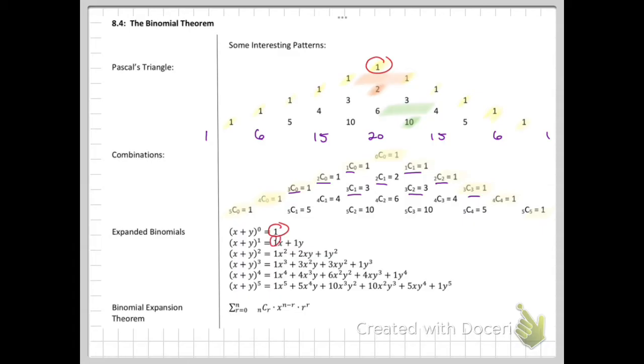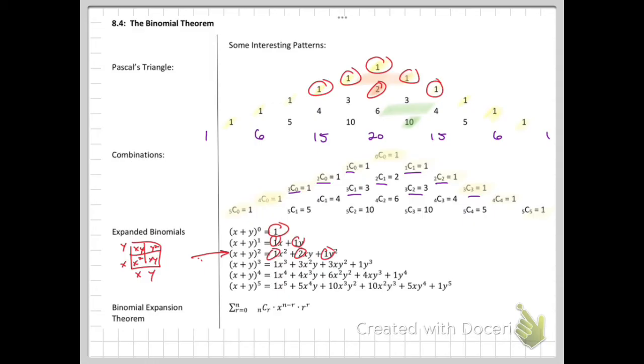So you get 1x plus 1y, which matches the second row of the triangle. If you do x plus y squared, remember that's an area diagram. That's x plus y times x plus y, which is x squared, xy, y squared, which is 1x squared plus 2xy plus 1y squared. The coefficients happen to be the next row of Pascal's triangle.